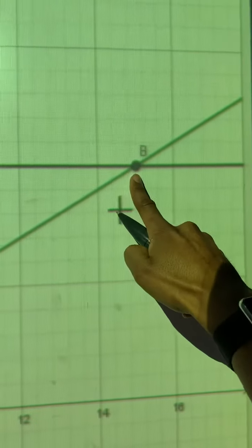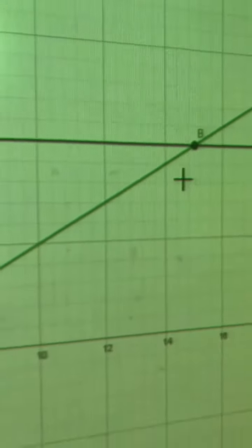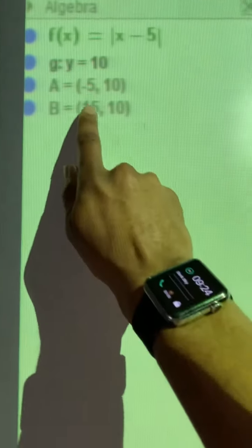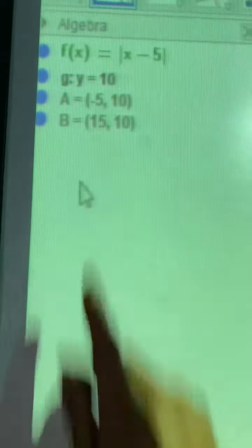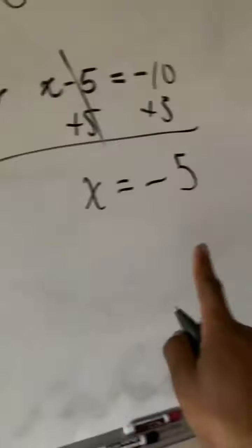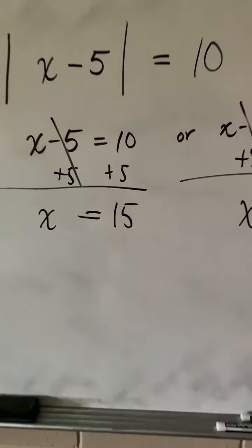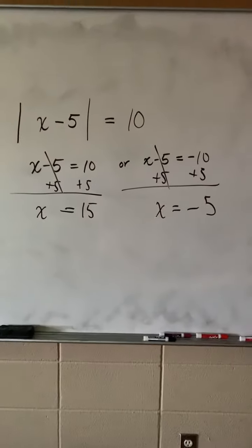And that's the other point over there. So I'm going to check and see what point A and point B say on the board. Look at that number. That's a -5. And look at that number. That's a 15. That should be the same -5 and 15 that we got here. So this is correct.